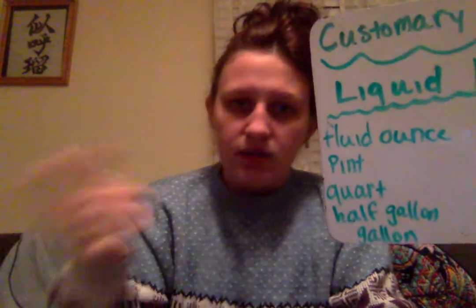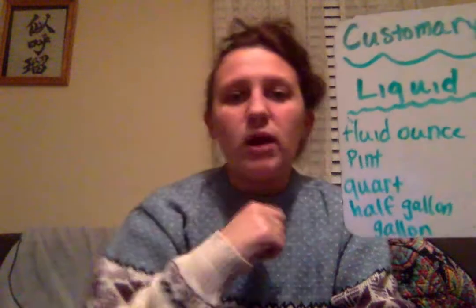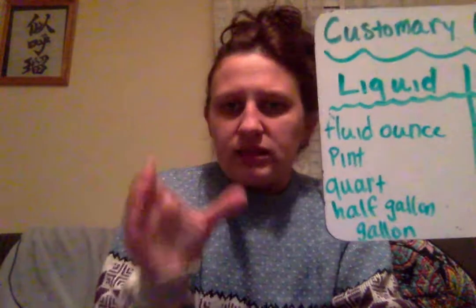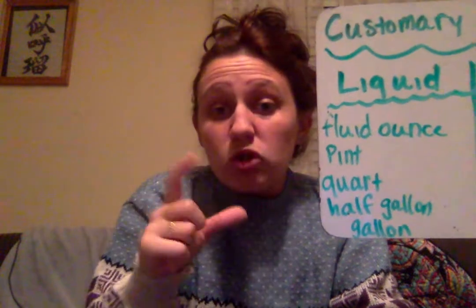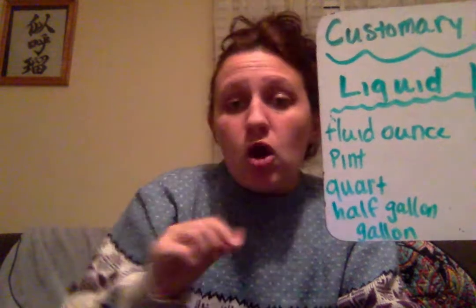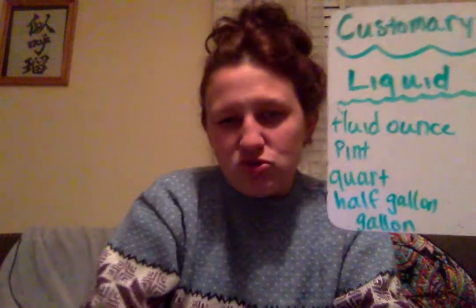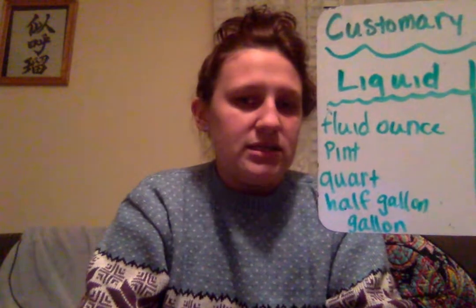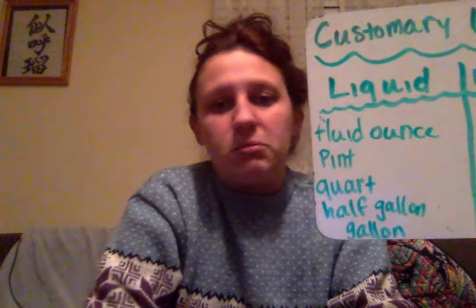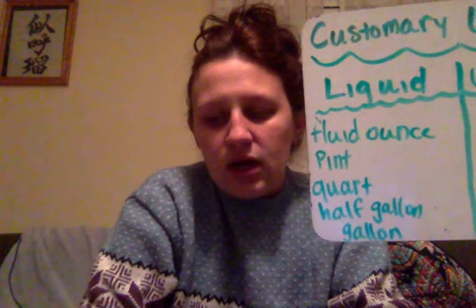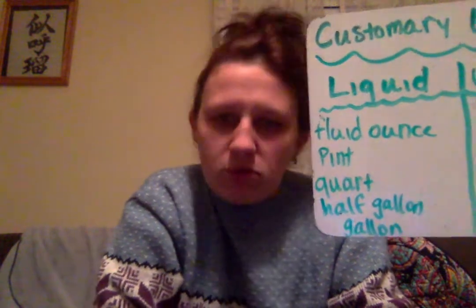Then think half gallon. It's about as tall as my whiteboard is, and it's like a little skinny square carton of milk. But they have an even smaller one, the pint, which is like this big, and usually you don't buy milk by the pint, but you would buy heavy cream by the pint. If your mom or dad cooks at home, maybe they make cake or they make pancakes.